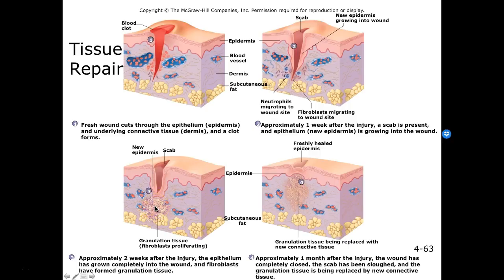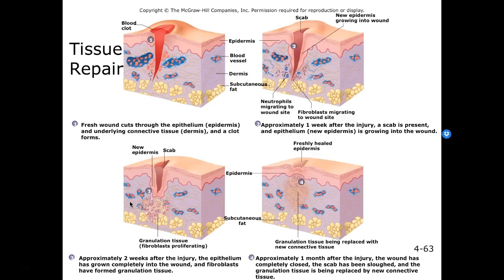Our granulation tissue is very delicate, granular appearing, hence its name, and it's a type of connective tissue that contains all of these fibroblasts that are secreting collagen and elastic fibers. Over a period of time, this granulation tissue will convert into a scar, and our scar is made up of dense, irregular, collagenous connective tissue.